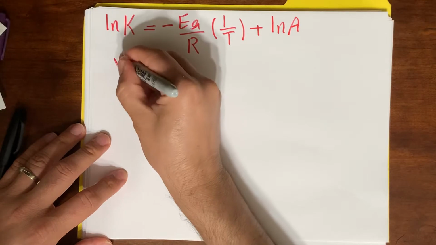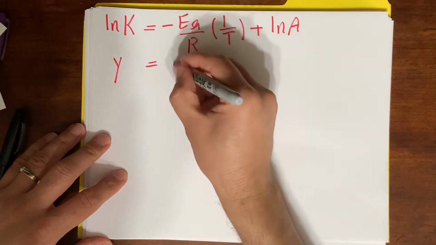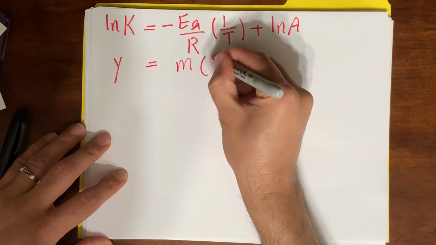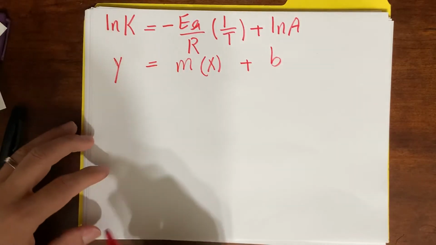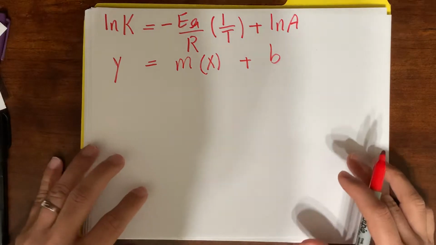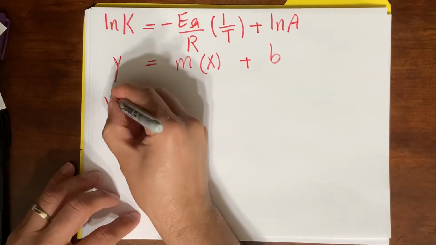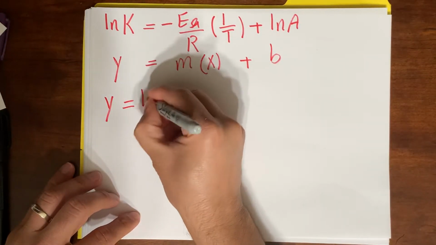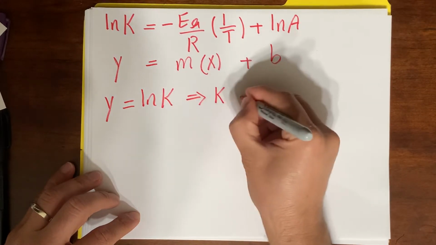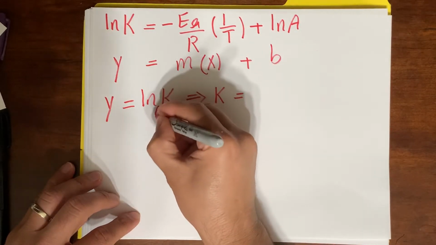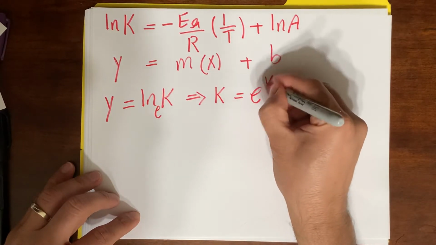I'm going to say y equal to mx plus b. Now let's define y, m, x, and b. Y is equal to ln of k. So k is going to be equal to e to the power of y.